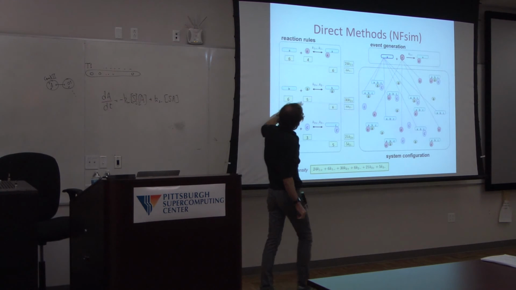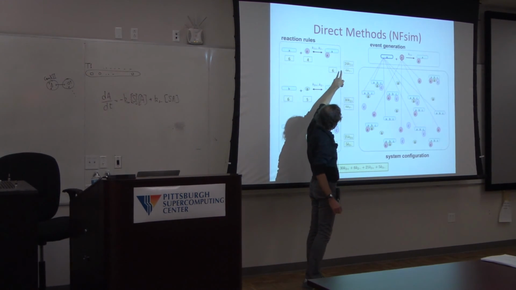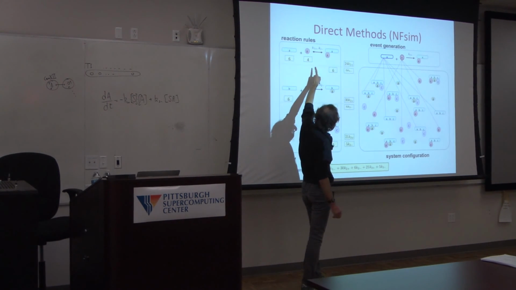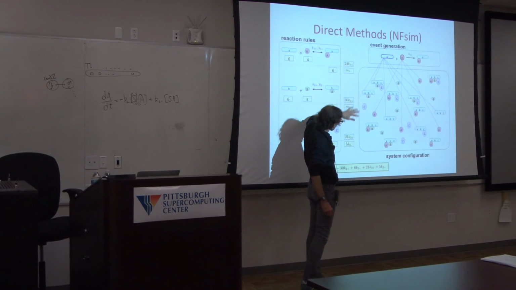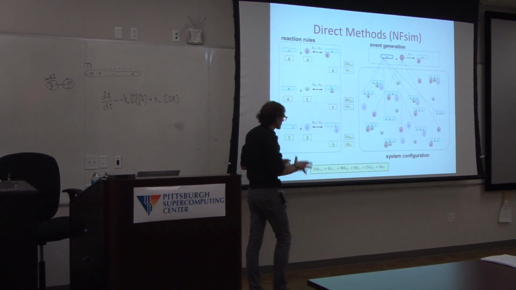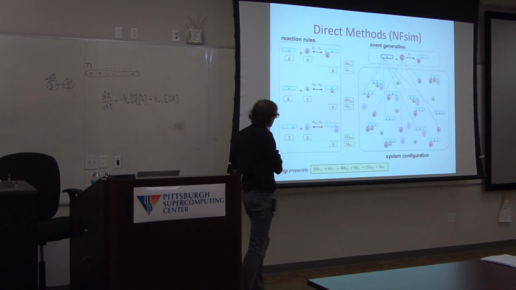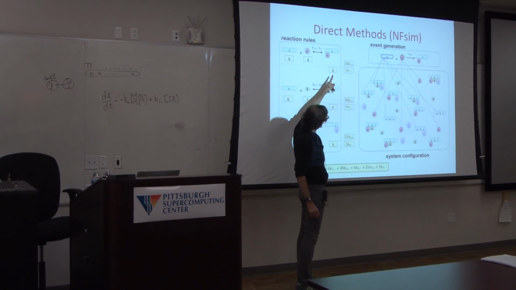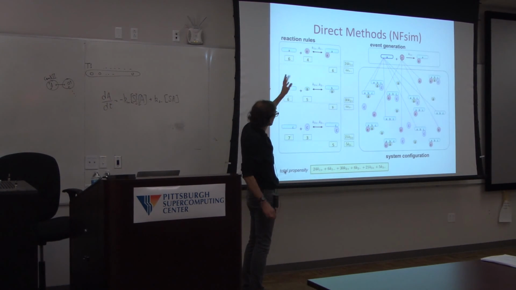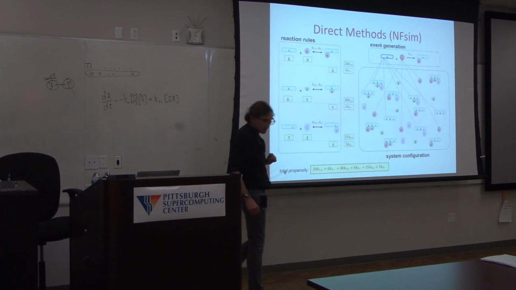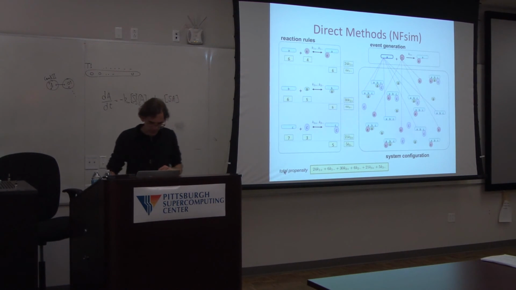And so for each rule, we need to compute the total rate of each reaction firing. In the stochastic simulation algorithm, the probability of a reaction firing is simply proportional to its rate. So we're going to select one of the possible rules to fire over all the possible rules, and then we'll update the system accordingly.